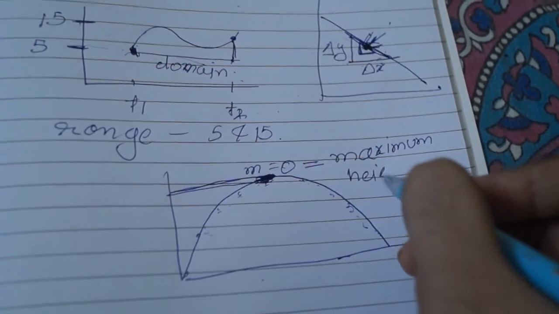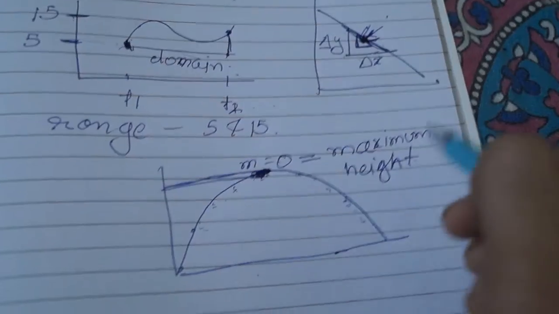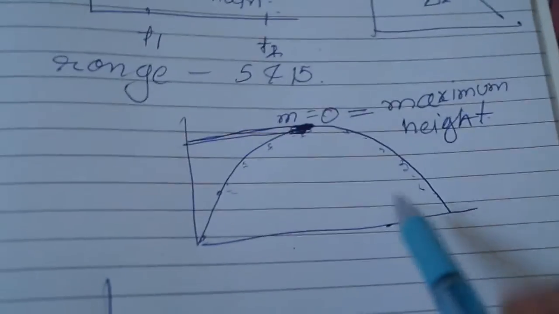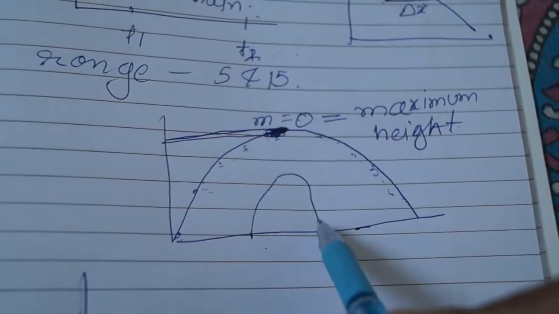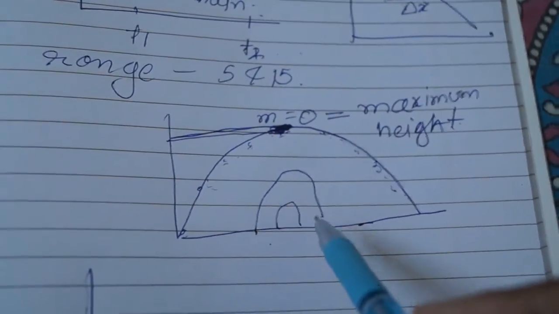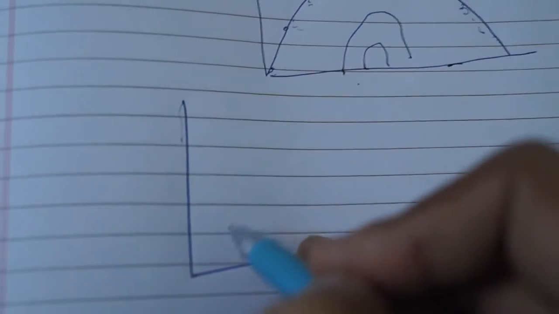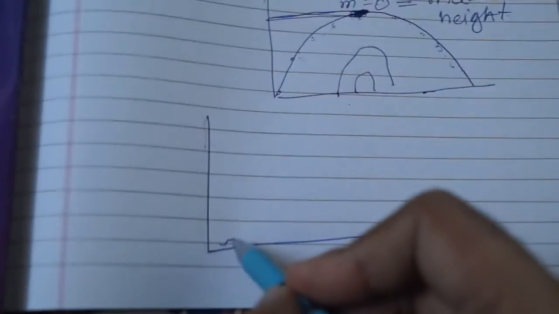But what if the function is not something simple like this, these are very simple functions, but looks something like this.